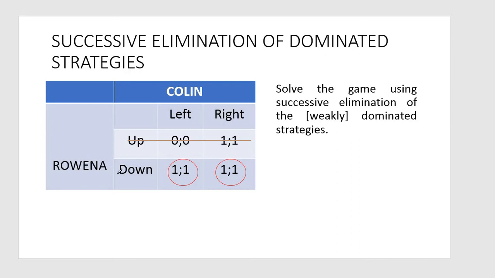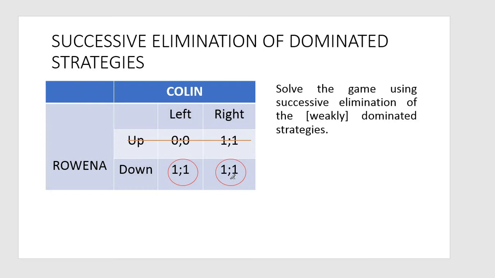So take a look at this game. For Rowena, going up will mean getting 0 if the column player plays left and 1 if the column player plays right. For down, Rowena will get 1 if the column player plays left and 1 if the column player plays right. So actually for Rowena, the strategy up is weakly dominated by strategy down.